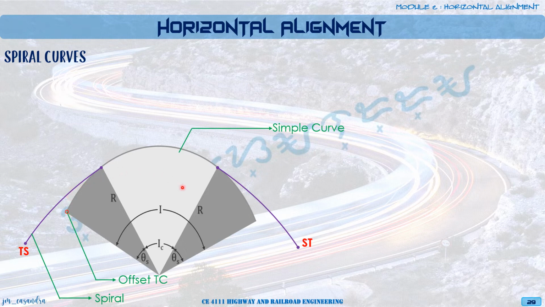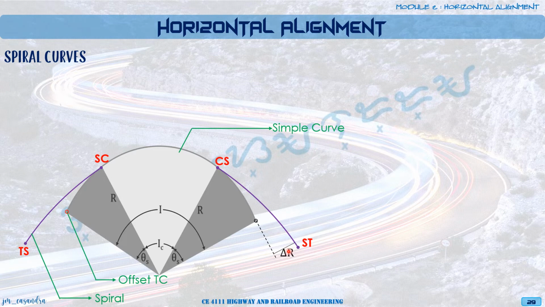So kung ito yung original design natin, and then we are going to provide now a spiral, basically there will be an offset from the original simple curve. Okay? So between the end of the spiral connecting to your simple curve is our SC, or the spiral to the curve. And then at this point is the connection between your circular curve to the spiral.